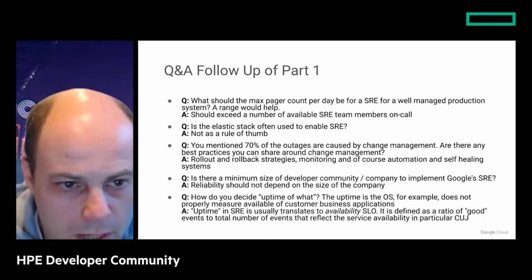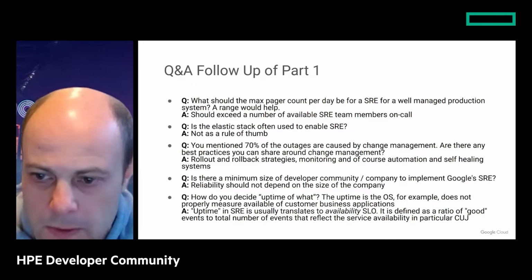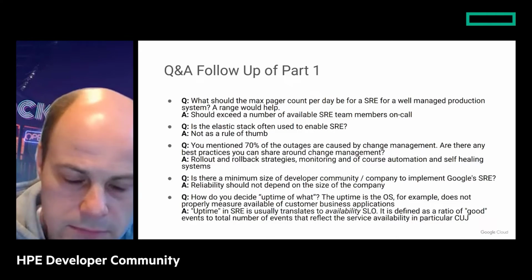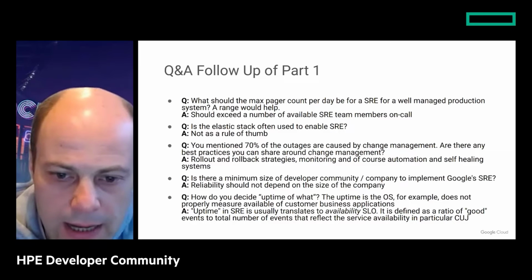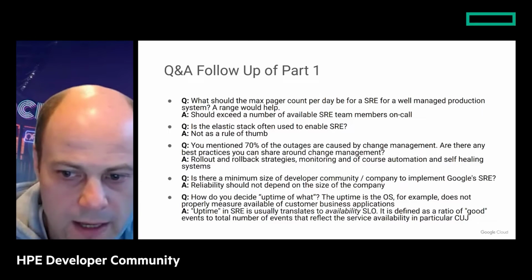So I will try to address the first part and, to my best, the second part as well. In SRE, when I spoke about uptime, I basically meant availability SLO in the terminology of SRE.